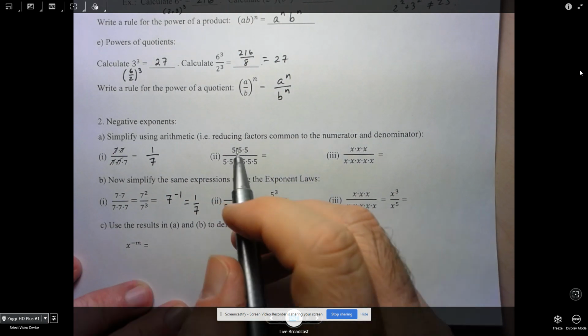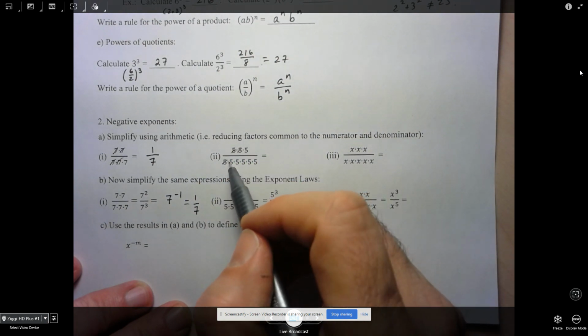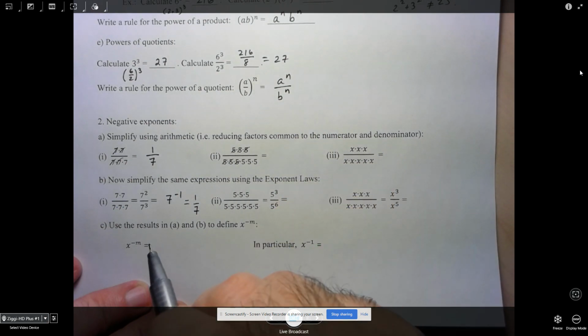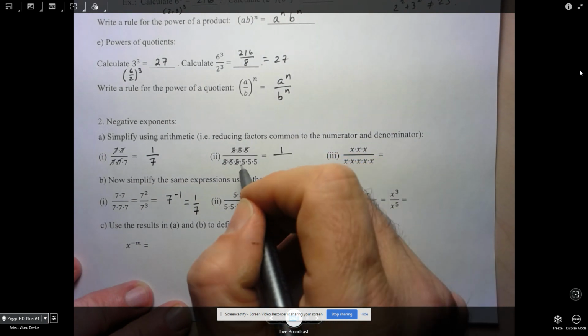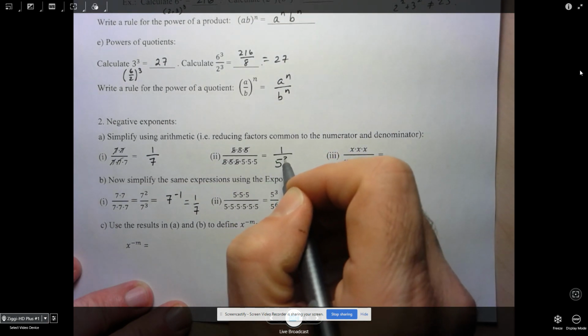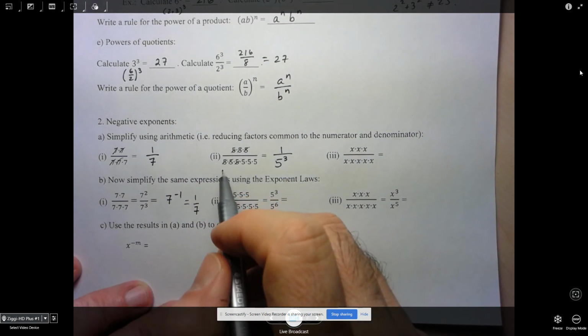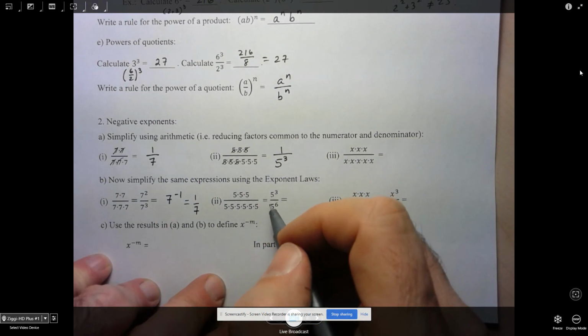All right, so again, if we do this using arithmetic, we see a common factor 5 with a common factor 5 reduces to 1. 5 divided by 5 reduces to 1. 5 divided by 5 again reduces to 1. And what we're left with is just 1 in the numerator and 5 cubed in the denominator. Okay, so now I took this exact same expression, but now I considered it as powers of 5.